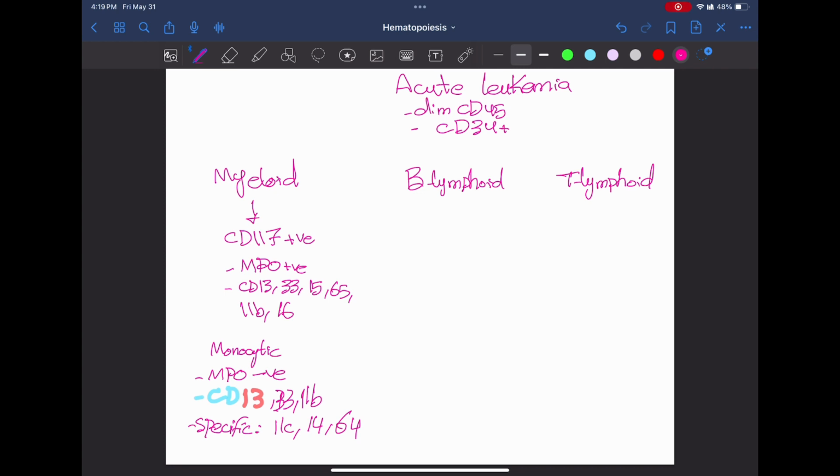B lymphoblastic leukemia lymphoma, on the other hand, you can see a dim CD45, CD34 positive population. Markers of immaturity include CD10, CD38, and TdT. Then you need markers of B lymphoid differentiation. We said that CD19 is expressed throughout B cell maturation, and what you're looking for here is strong CD19 expression.